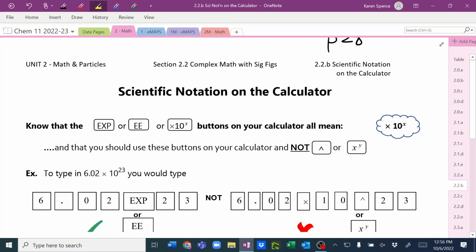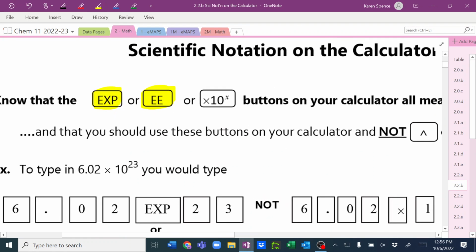And this button, so make sure you have your calculator out, will either be labeled EXP, or it will be labeled EE, or it will be labeled times 10 to the x, not just 10 to the x, but times 10 to the x.